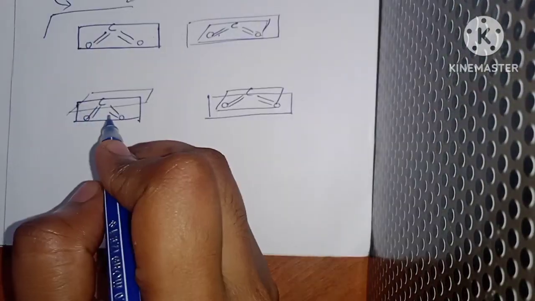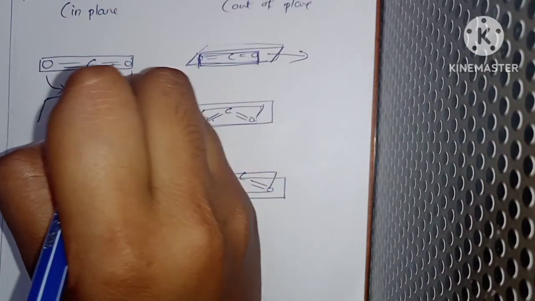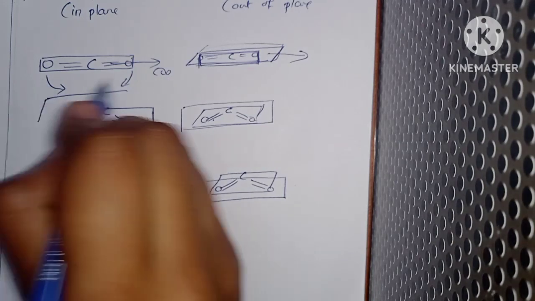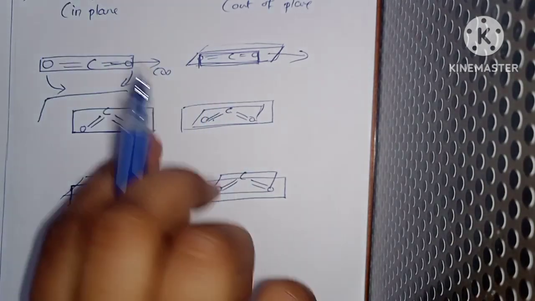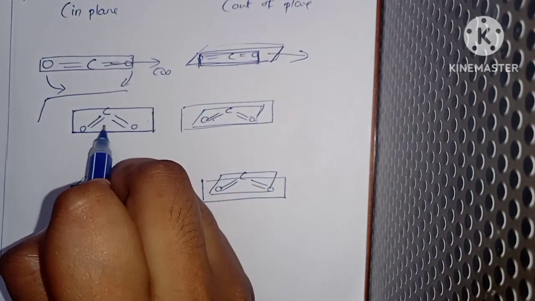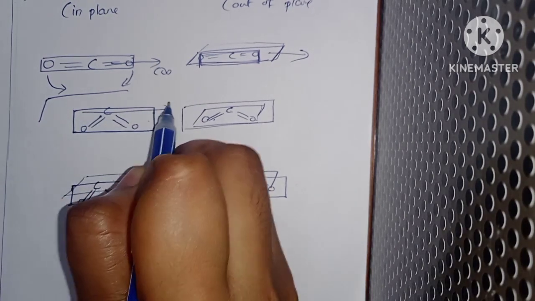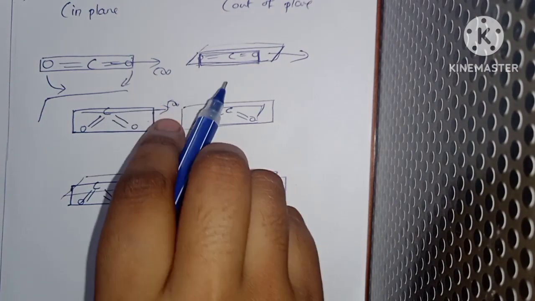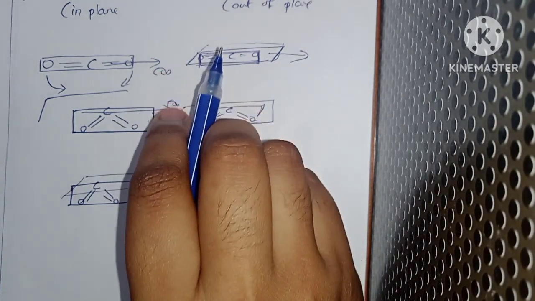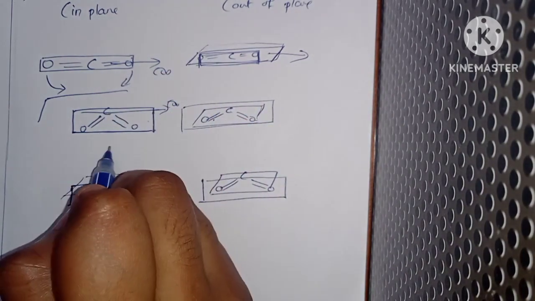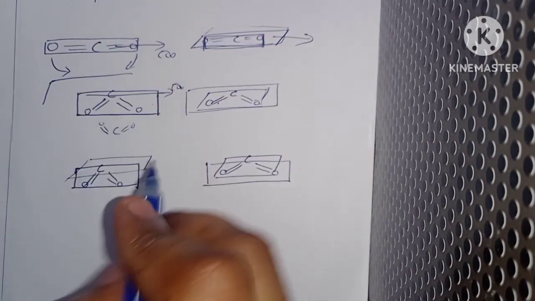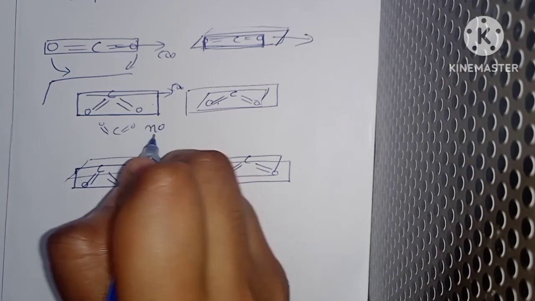So in in plane bending, if we are considering, this is the principal axis C infinity. This is the case before vibration, and after vibration, means after bending, it will look like this. So if we are considering the C infinity axis here, there is no more symmetry. If we rotate the molecule along the C infinity axis, what we will get is just the opposite of this orientation. So there is no C infinity present.